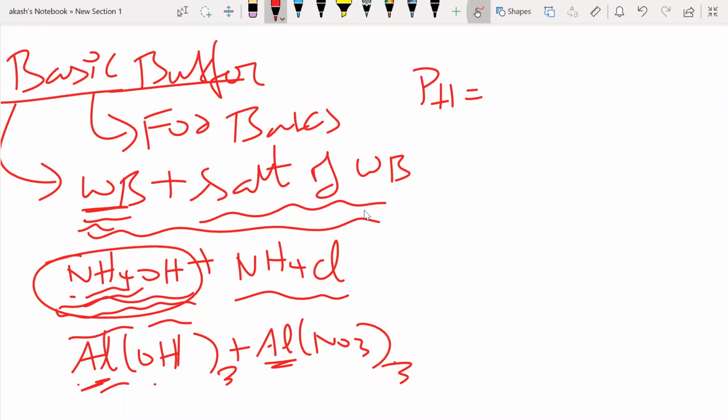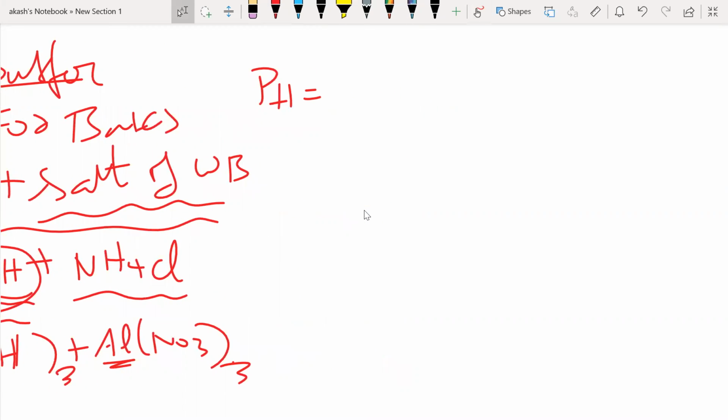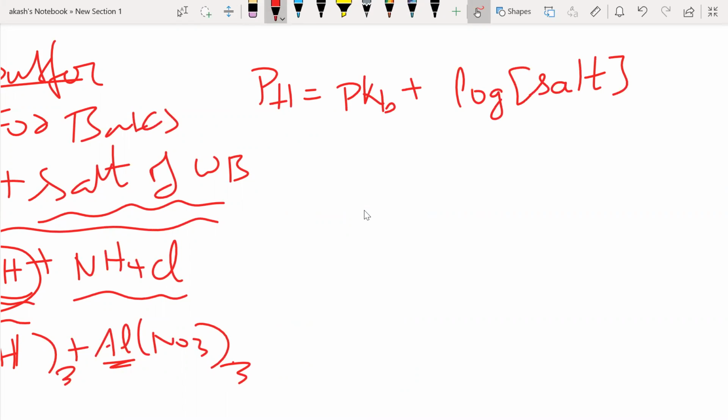Okay, fine. So pH is pKb plus log of salt concentration divided by the base concentration.